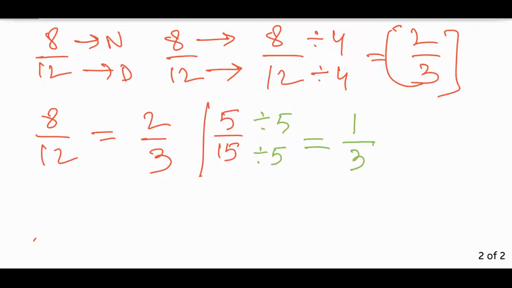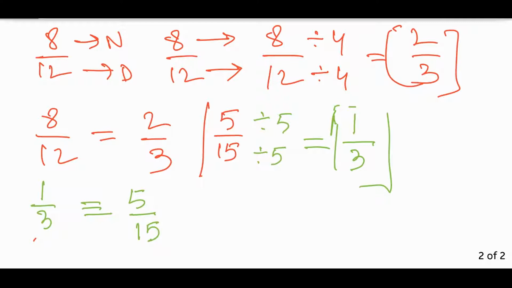So 1 by 3 is the smallest possible simplified number. Now 1 by 3 is equivalent to 5 by 15. There is no change. So that's it. It's very easy actually how to simplify numbers.